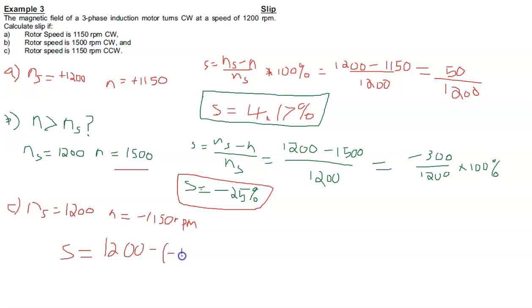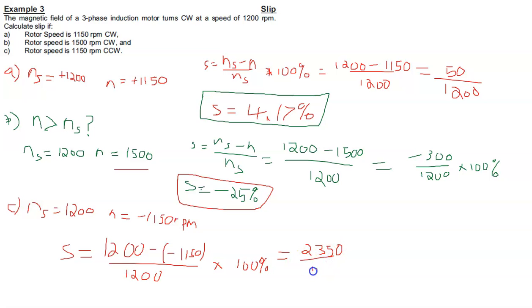subtract negative 1150. And so you can see, I guess, that numerator now is going to be bigger than the denominator. And so that means that we're getting a number bigger than 100%. And so we end up with, on the top, 2350.